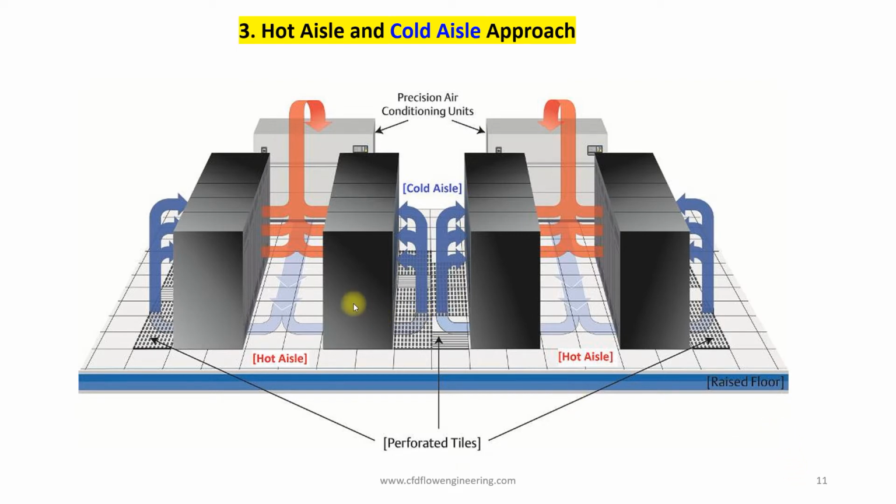Here you can see in between two racks there is a perforated plate through which cold air passes upward. Then it passes through the data center, and in the hot aisle unit, hot air is collected. Then the hot air is taken to the precision air conditioning unit, which cools this hot air.